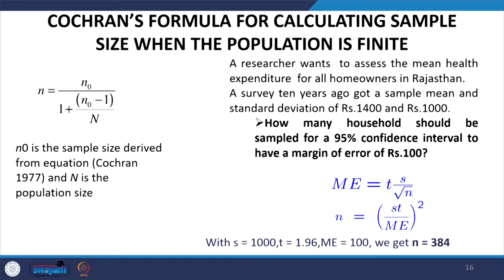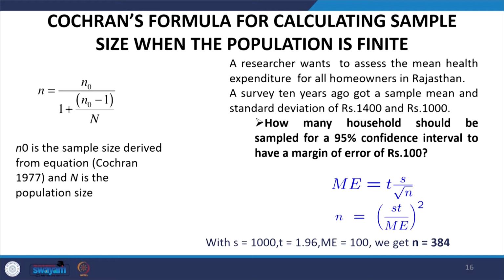Like a researcher wants to assess the mean health expenditure for all households in Rajasthan. For example, a survey 10 years ago got a sample mean of 1400 and a standard deviation of 1000.